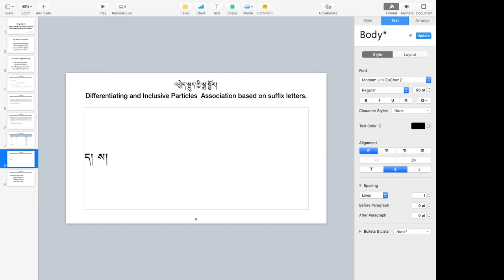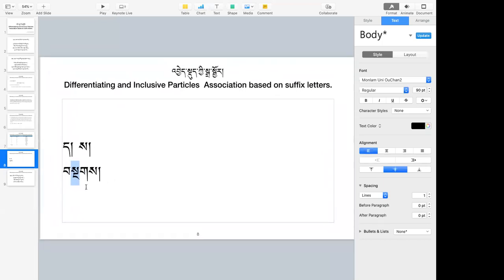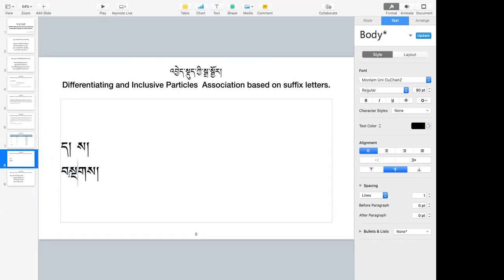So, for example, if we have a word like this, in this particular word we see that this is the foundation of the name. So the letter that comes before this is the prefix. The one that comes after it is the suffix.